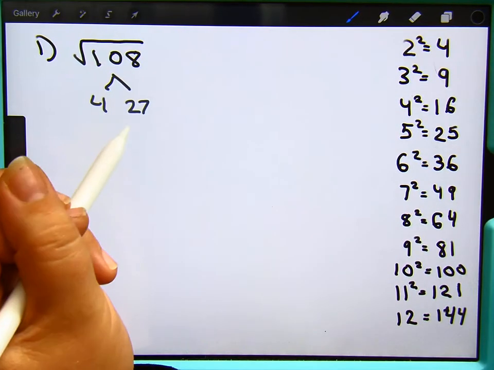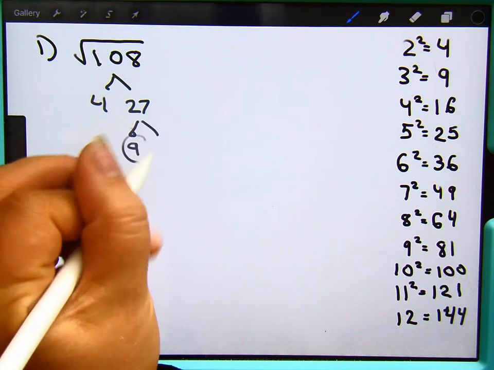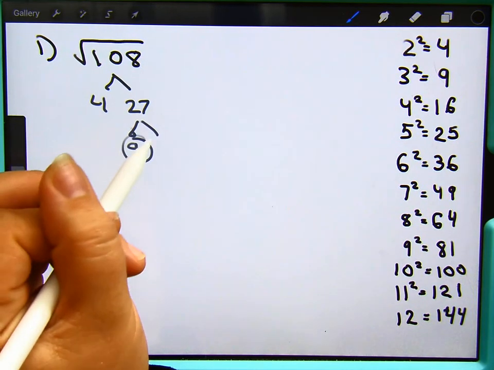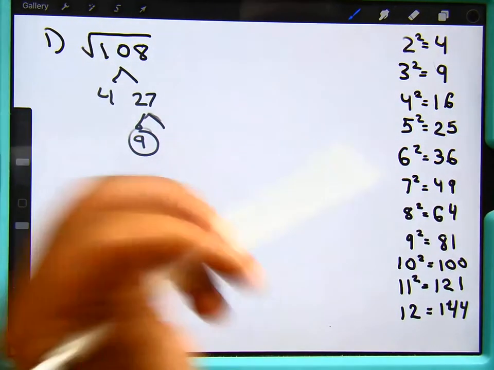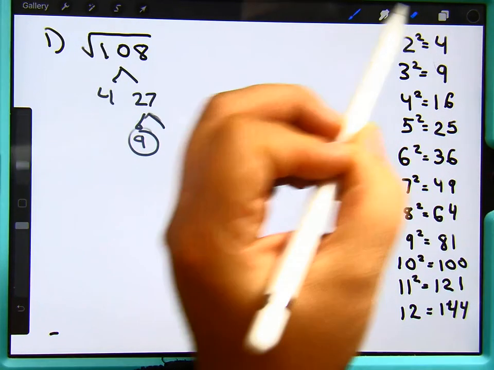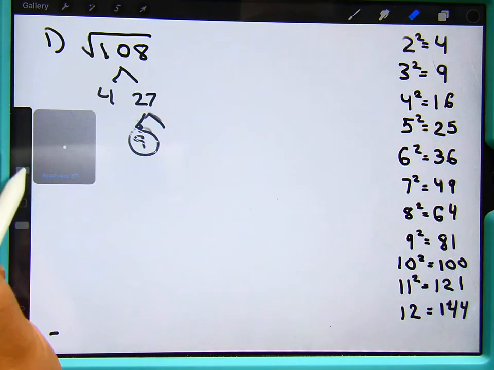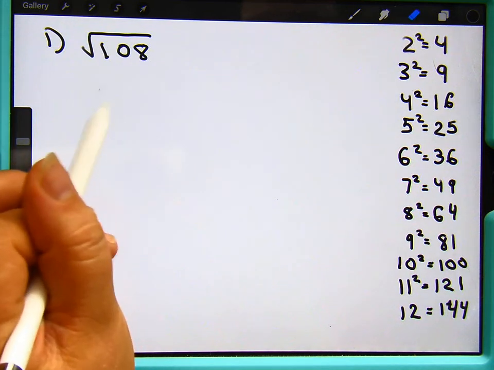But the problem with that one is 27 can still be simplified with a perfect square, 9. So if it can still be simplified with a perfect square, then 4 is not the greatest one that can go into it. Again, this is guess and check, but if you learn how to do this fast enough, it can go by pretty fast.